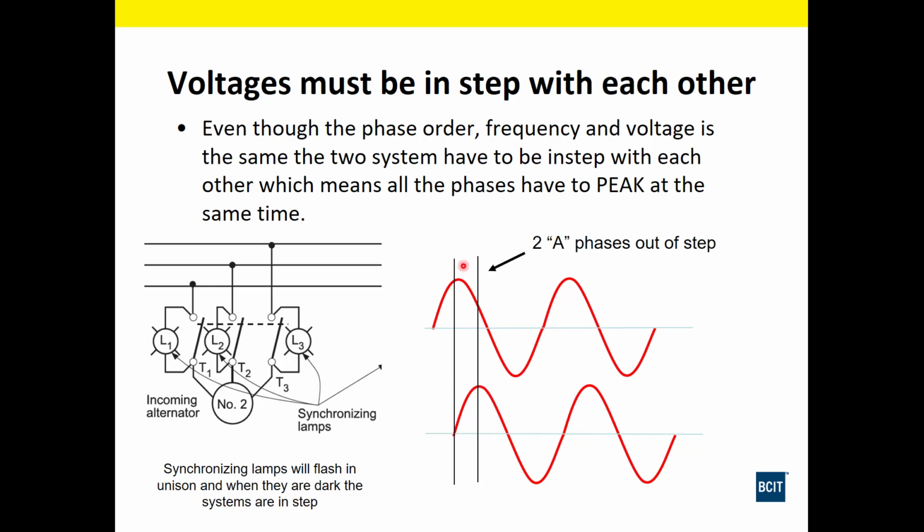So when they're perfectly in line with each other for that short amount of time, the lights are going to be out. Then they fall out of step with each other, and the lights go on. You're going to see all three of these lights flash on and off at the exact same time, because all three waveforms are exactly 120 degrees out of phase with each other, and they're all going to fall in and out of step at the exact same time.